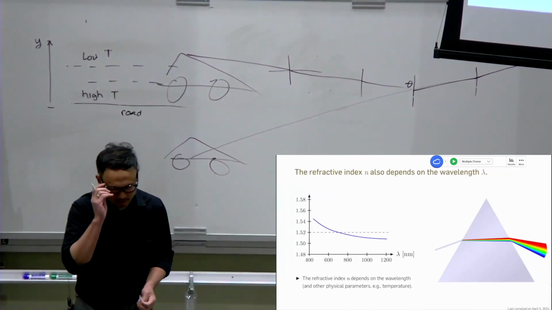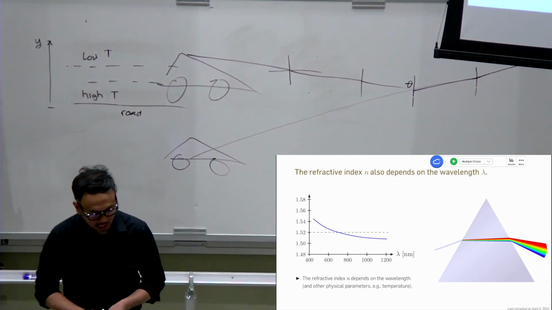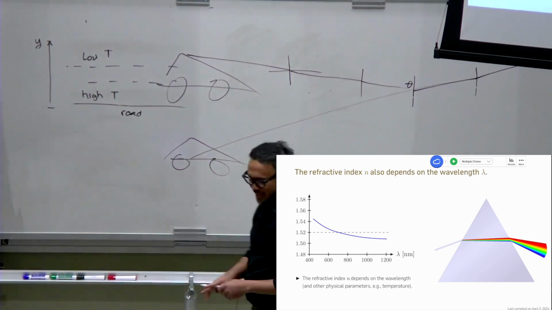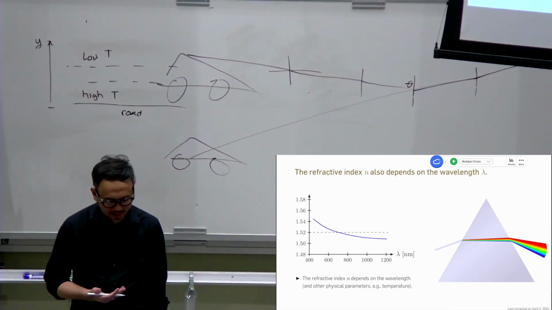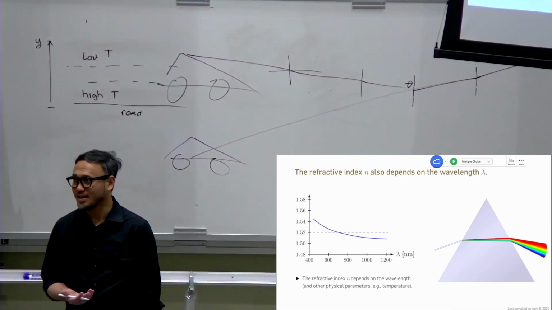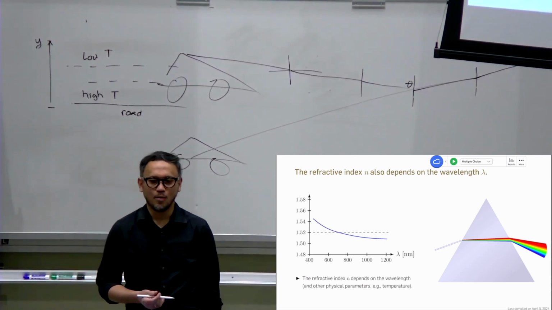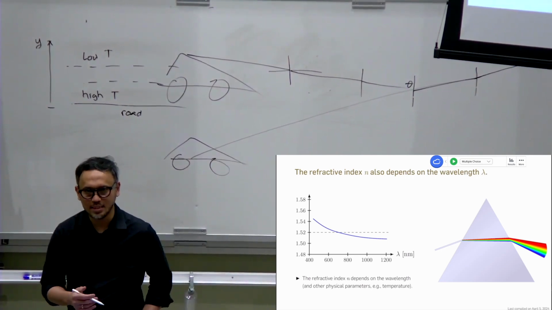And then next, it turns out that life is complex. I know being pre-med is complex, but life is also complex. Turns out that refractive index also depends on wavelength. Anyone know why? Why does the refractive index of a material depend on the color of light, the wavelength?